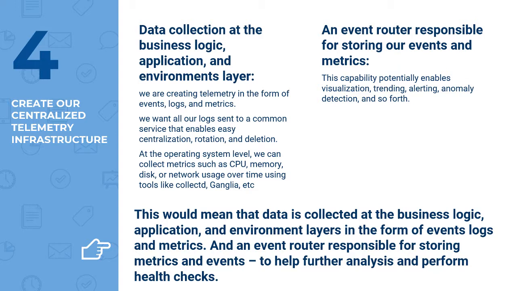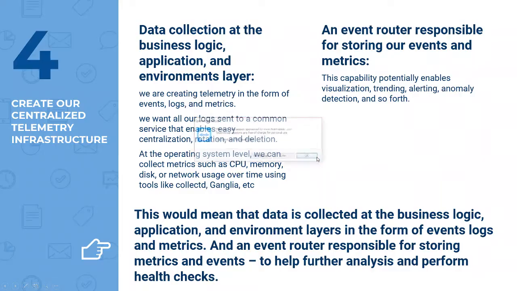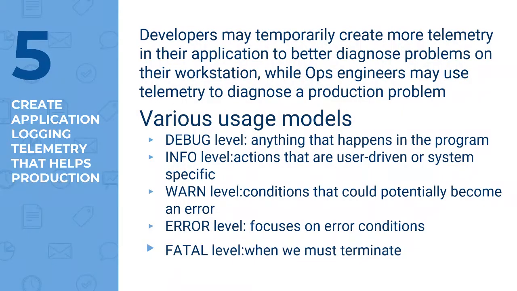This capability potentially enables visualization, trending, alerting, and anomaly detection, and so forth. This means that data is collected at the business logic, application, and environment layers in the form of logs and metrics, with an event router storing metrics and events to help with analysis and health checks.